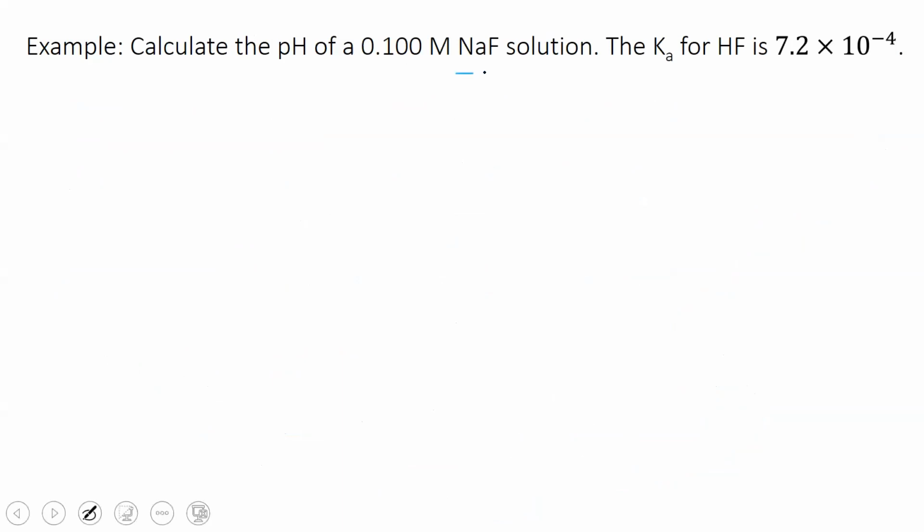You can see where this weak base is coming from: a solution of sodium fluoride. Sodium fluoride, if it's dissolved in water, dissociates pretty much completely. So it's going to give us sodium ion plus fluoride ion.